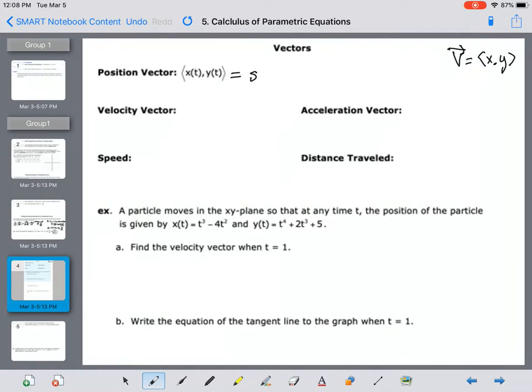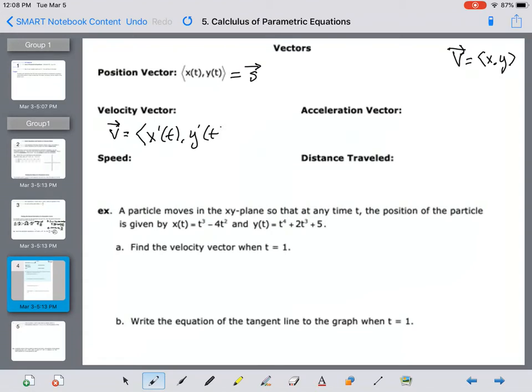So our position vector is really our x of t and y of t, very much like a parametric equation. From basic derivatives, we know that if we take the derivative of position, we get velocity, and that's true even here. So our velocity vector is just the derivative of our position vector: x prime of t and y prime of t.